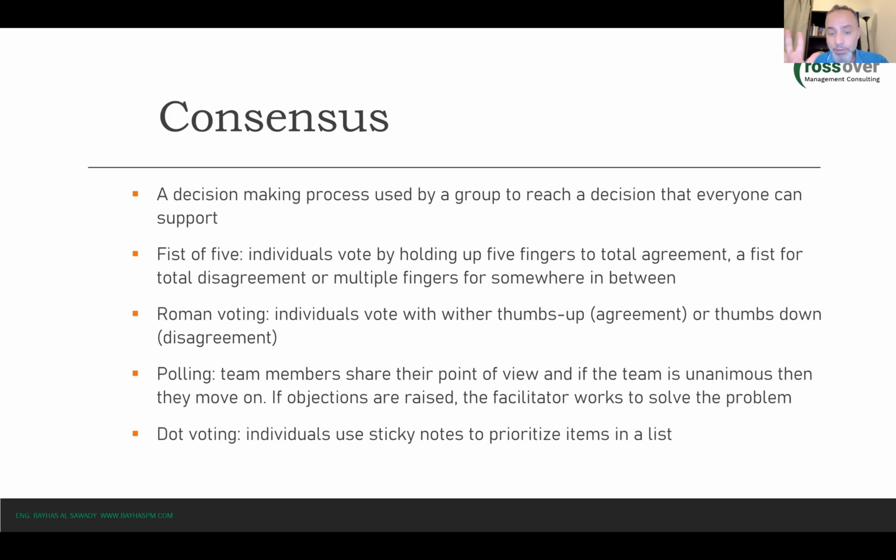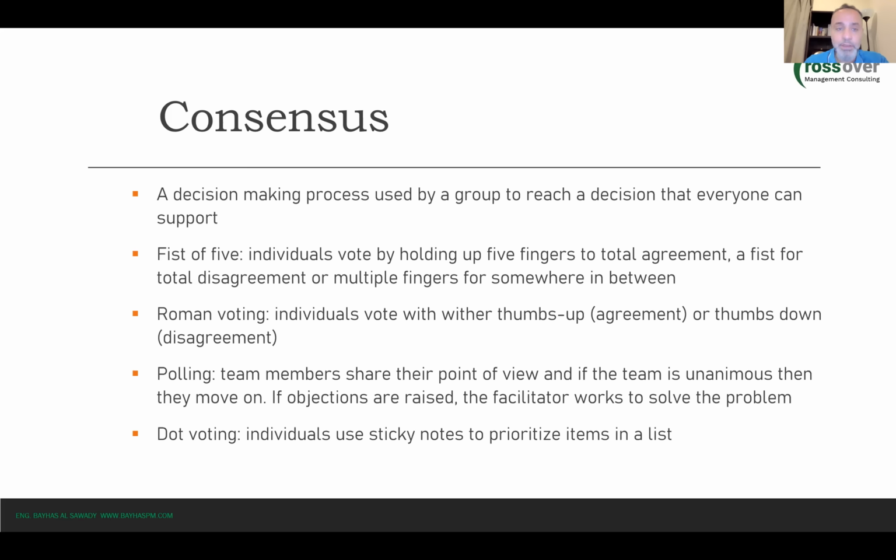Okay, because 3 means I agree, even if probably I don't fully agree. I don't agree 100%, but 3 indicates that I agree. Maybe I have some reservations, some objections, but I agree at the end of the day, because 3 is more than 50%, right?